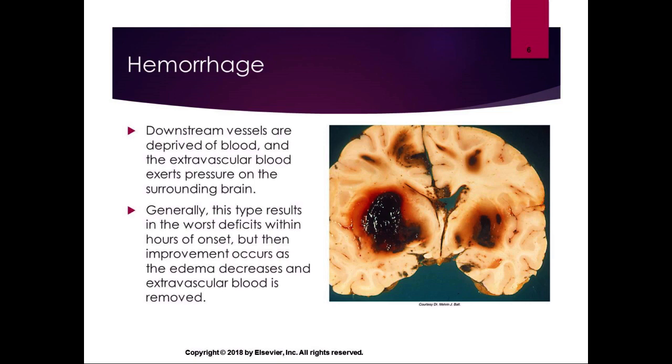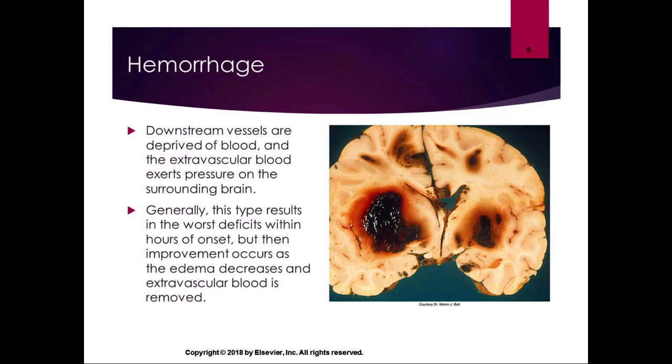A hemorrhagic stroke is where you have either an arteriovenous malformation burst or an aneurysm burst. Downstream vessels are deprived of blood, and extravascular blood exerts pressure on the surrounding brain. So intracranial hemorrhage is usually more devastating to a person than a brain infarction, just because there's more potential for tissue damage.